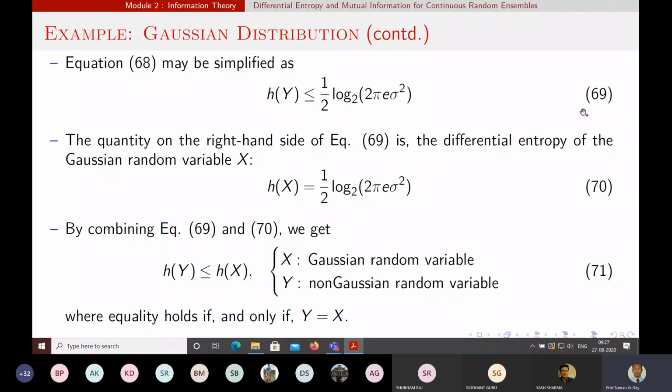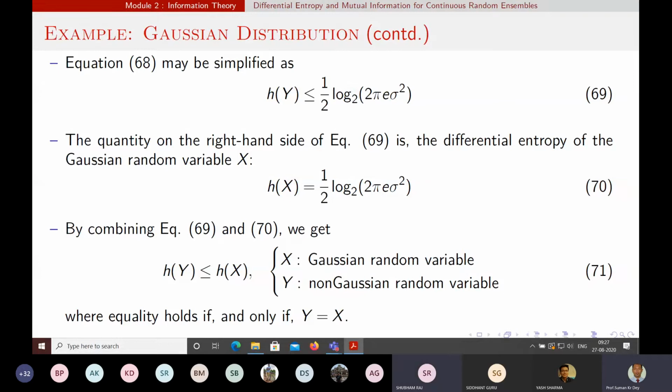In 69, we saw that when we replace y by x, it is equal. So the random variable y is assumed equal to x, and only then does it come equal to this term, h of y equal to h of x. So we can say the equality holds if and only if y equals x. Is that clear?